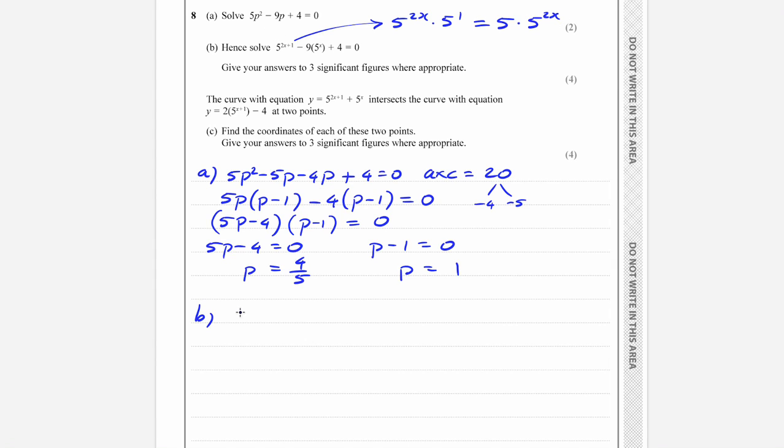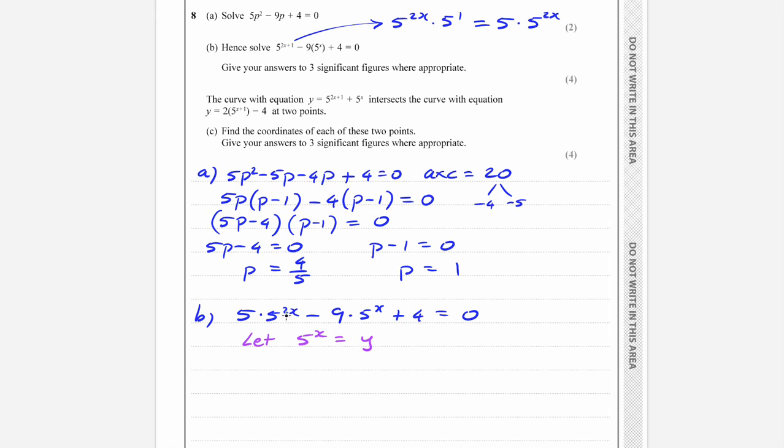So this is 5 times 5 to the 2x minus 9 times 5 to the x plus 4 equals 0. Let's just write it here, let 5 to the x equal y.